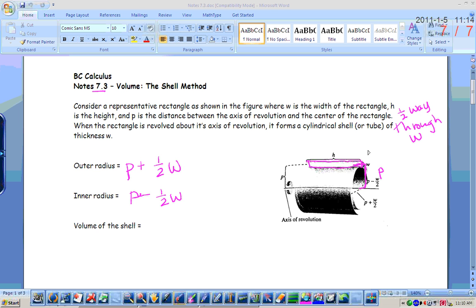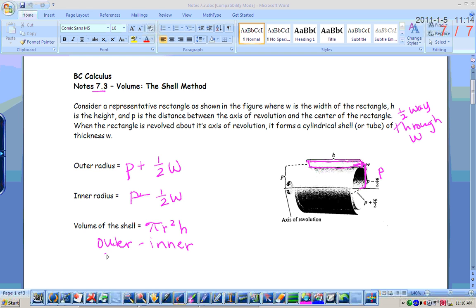Okay, so for the volume of the shell, we're going to do the same thing. We're going to take the outer volume and then subtract out the hole. Once again, it's a cylinder, so the volume of any cylinder is pi r squared times h. So I'm going to take the outer volume minus the inner volume, or the hole.